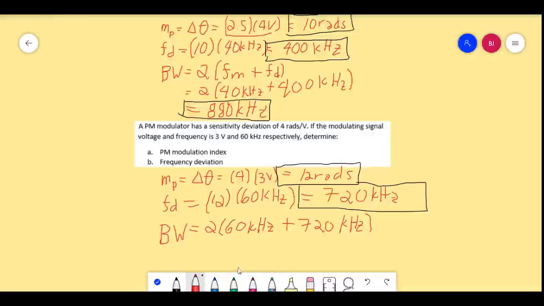Okay. And then multiply it by 2 would be 1560 kilohertz, which is equal to 1.56 megahertz.